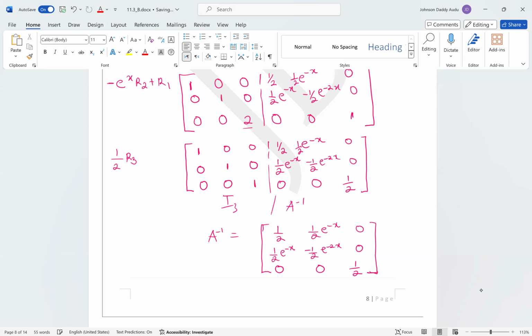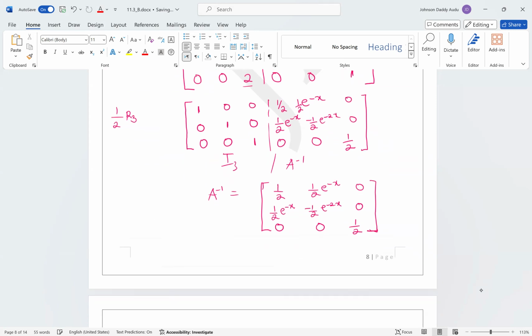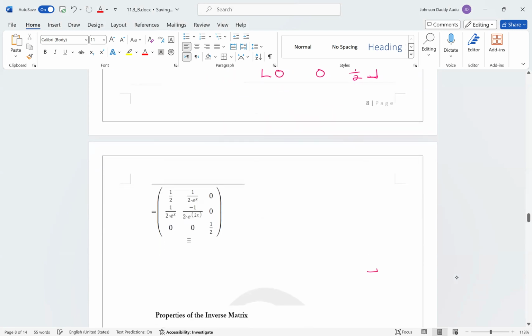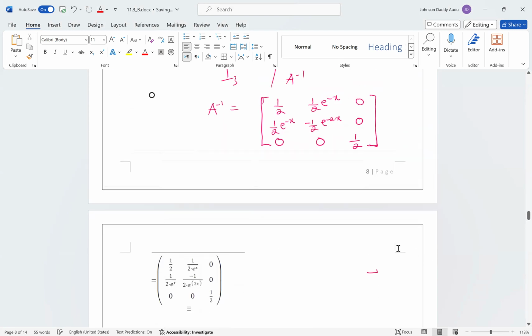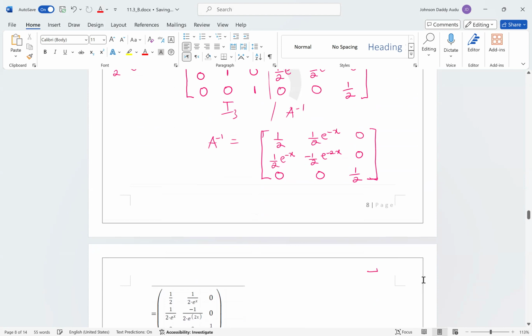All right. Yeah, so that is the correct inverse.